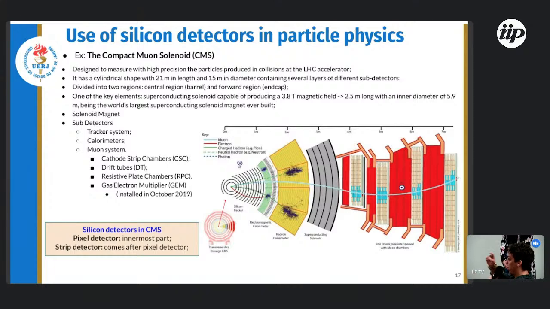And when you mentioned the tracker system, I want to know if it's also possible to measure the trajectory of the particle with precision, to detect where it would be at that specific time. So the question is if we can measure a track with precision.